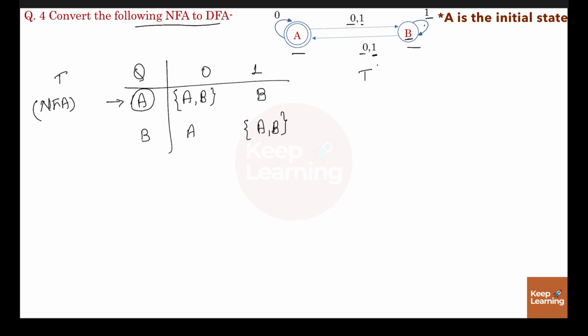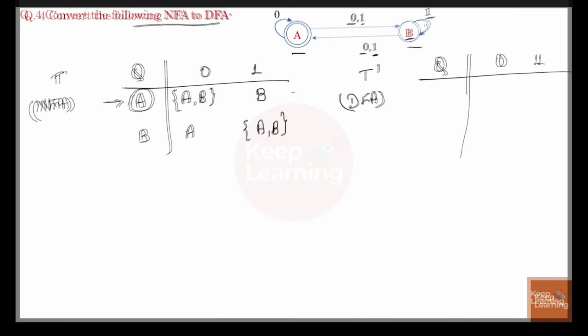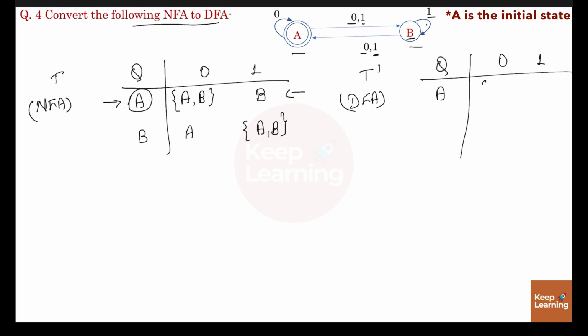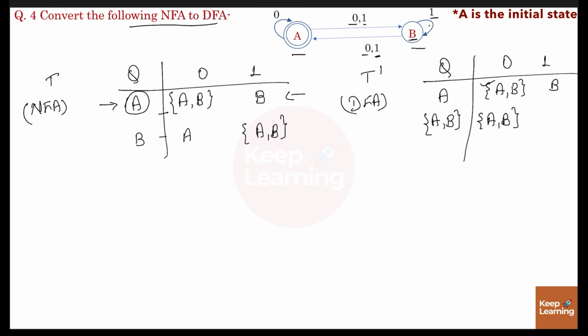Now let's construct a table T dash for the DFA. First row will remain same, that is A, B, B. So our new state is AB. Now we will define the transition of 0 by using this table T. So here it will be AB, and from 1 we are reaching at A and B only.